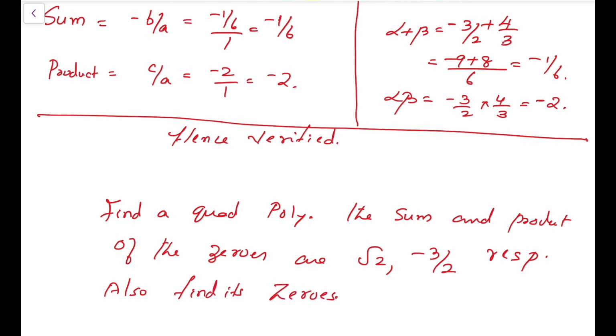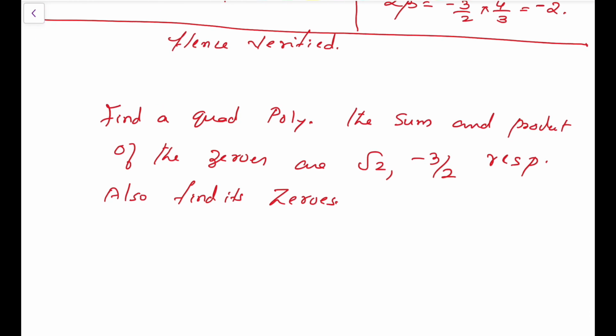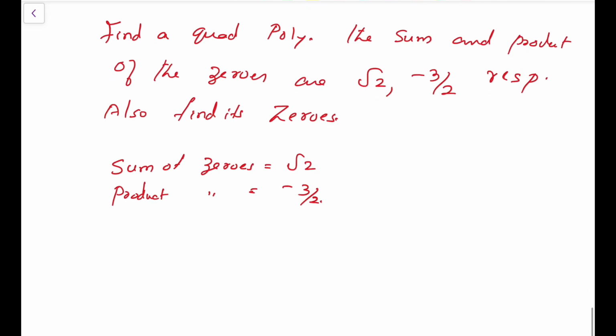Also find its zeros. So here they have given the sum of the zeros. So given sum of zeros is equal to root 2, product of zeros equal to minus 3 by 2.